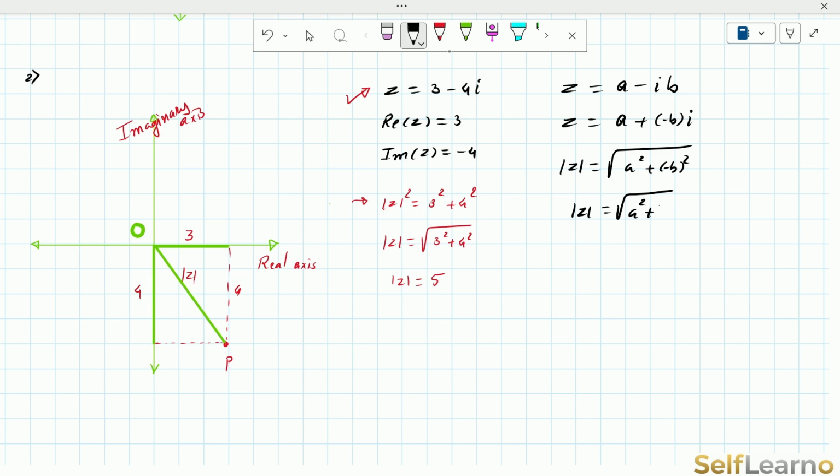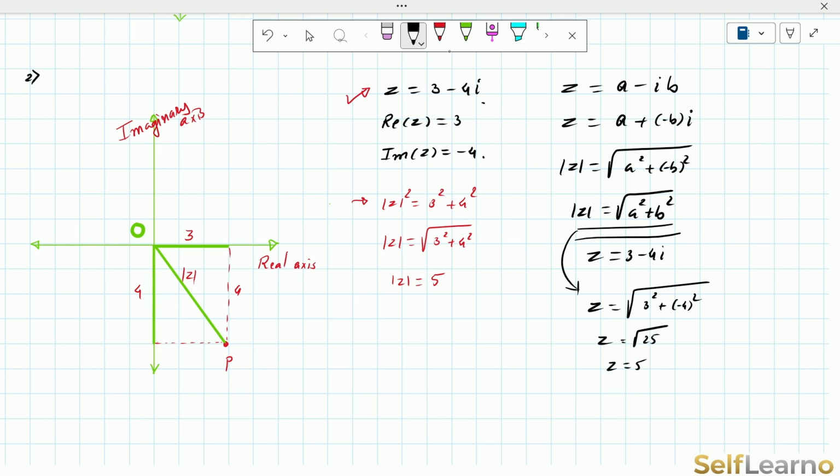So ultimately we get this under root a square plus b square. So if you apply this formula for this z is equal to 3 minus 4i, you are going to get the same answer. Modulus z is under root a square plus b square. So it is under root 25 and you get 5.